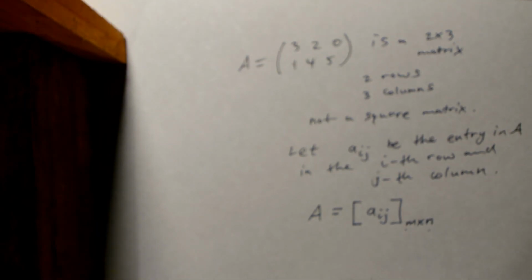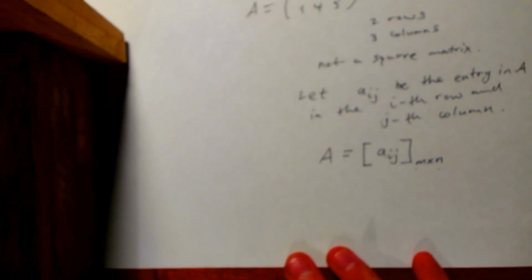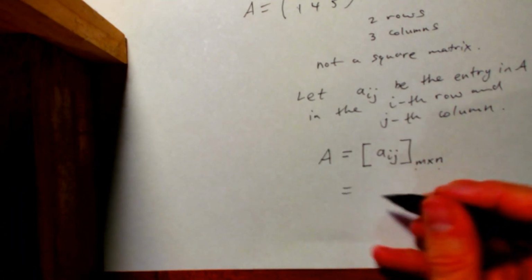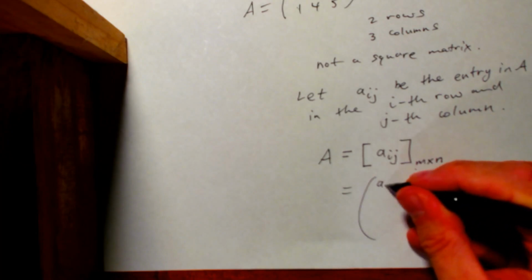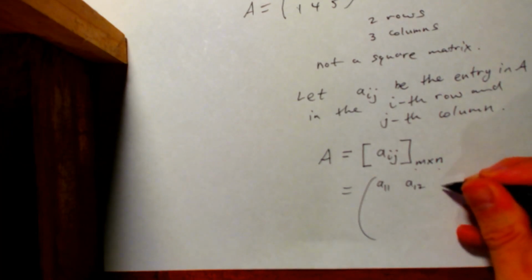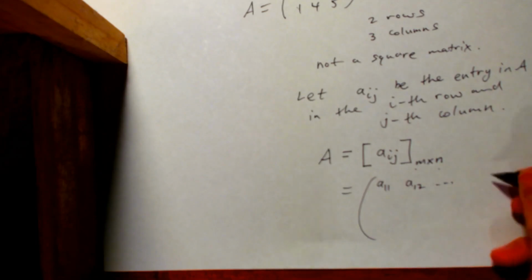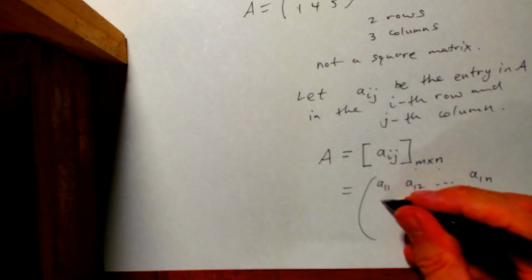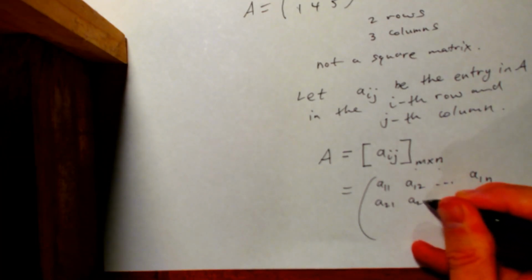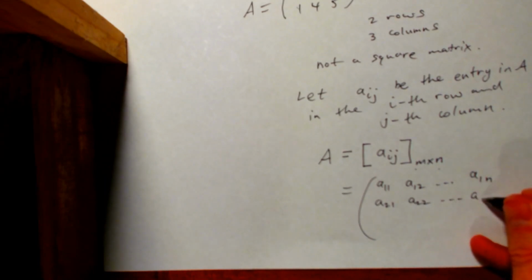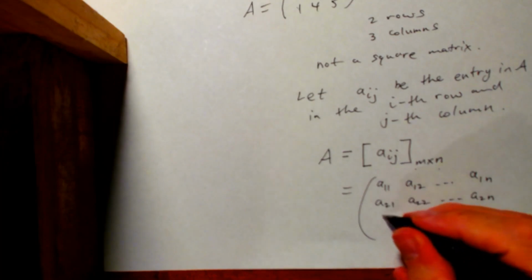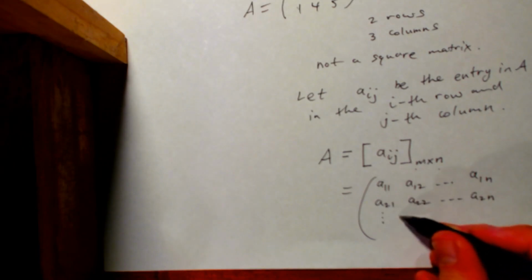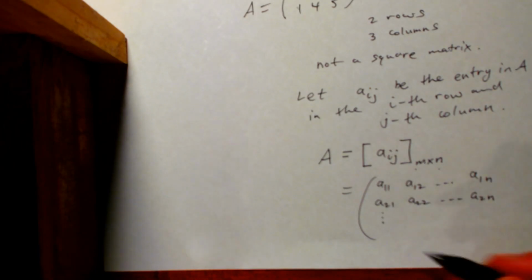Okay, now if you had a bigger matrix, this here would abbreviate the entire matrix: A11, A12, etc. The next term would be A13 and so on, and then A1n. So the second row would be A21, A22, etc., A2n. And then we can put vertical dots, but the next row would be A31, A32, and so on.